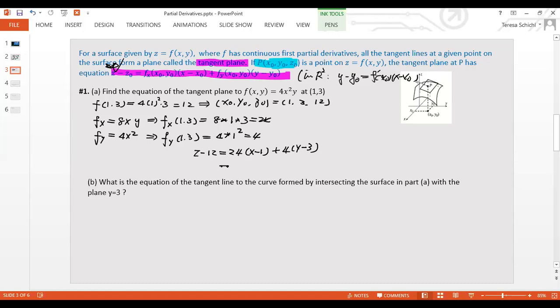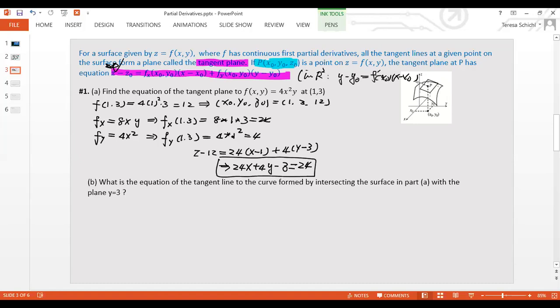If you combine it, you will get 24x plus 4y minus z is equal to 24. That's the equation for the plane we talked about in the previous unit, the vector and geometry of space.